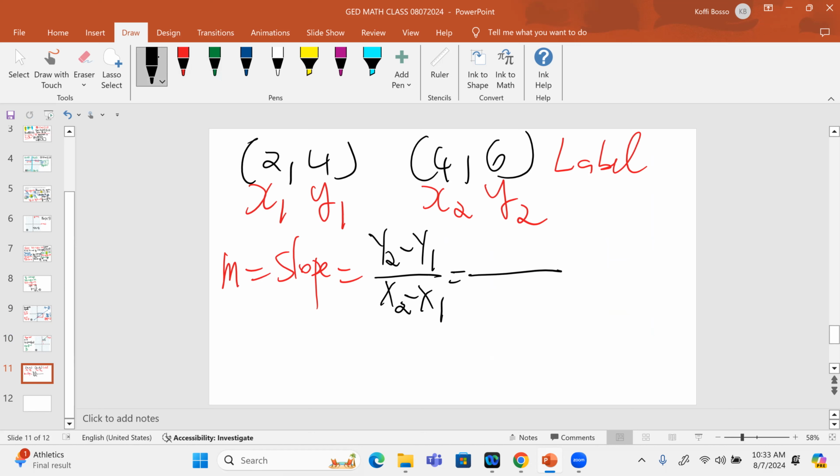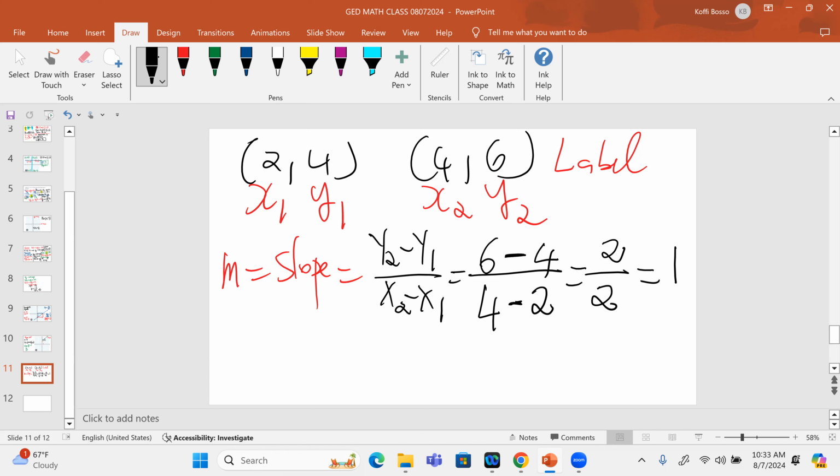What is y2 here? 6 minus, what is y1? Divided by x2, which is 4 minus 2. Yes, 6 minus 4 is 2, 4 minus 2 is 2, and 2 divided by 2 is 1. So yes, we get the same answer.